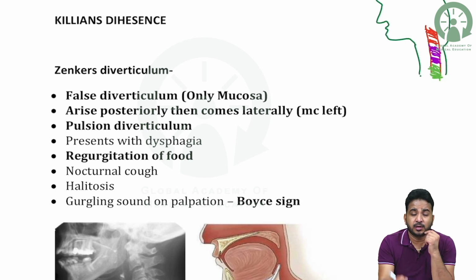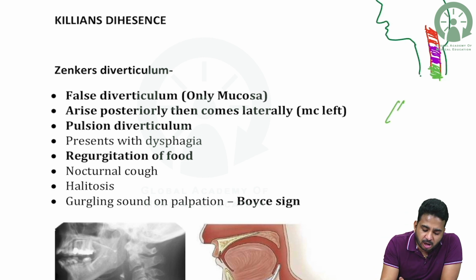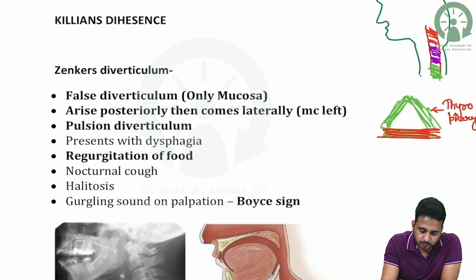The inferior constrictor, which is made of circular muscles, has two parts. The first part is the thyropharyngeus muscle and the other part is the cricopharyngeus muscle. These two on both sides are thyropharyngeus, and this lower one is cricopharyngeus.